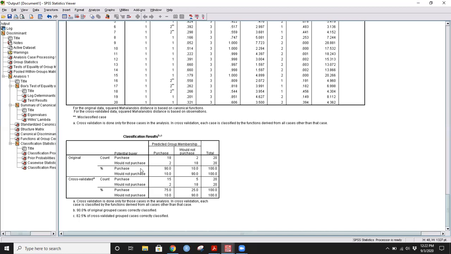So 90% purchasers and 90% would not purchasers were correctly classified. So overall, you can take an average, and that will be 90% of the total basically. Okay. So we have 90% of the total cases correctly classified in the data set. And if we look at the cross-validated data, then that would be 82.5%. Okay, so that was about the classification result.